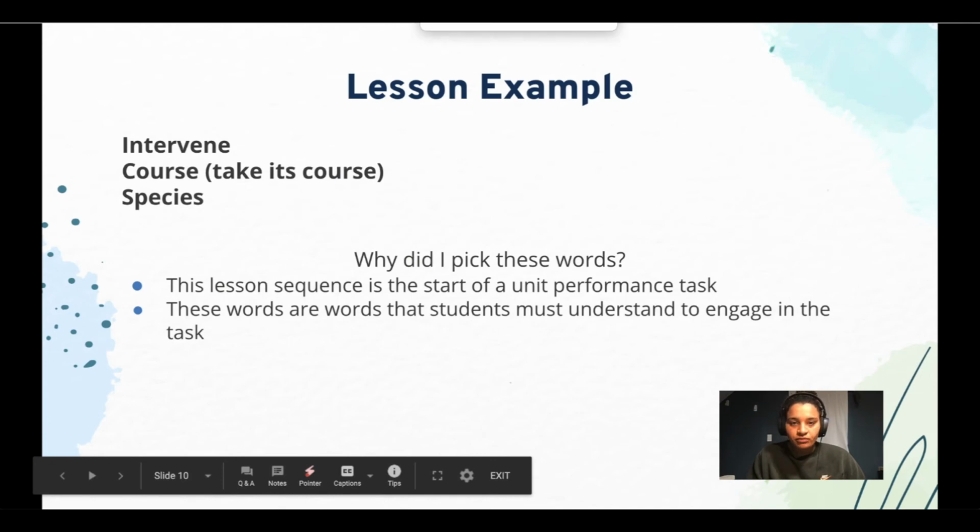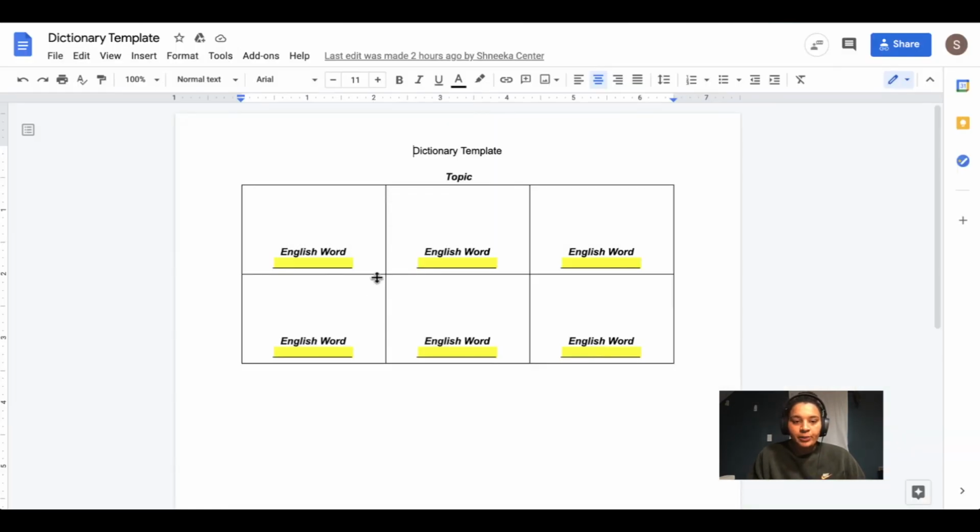So using this template, I would put the English word here. So the first word, let's just start with species.